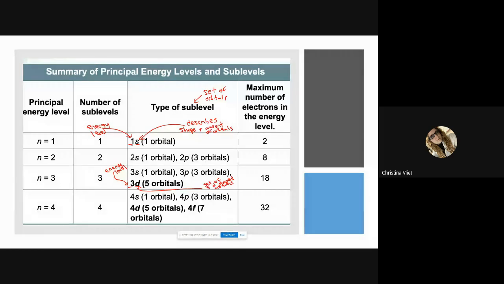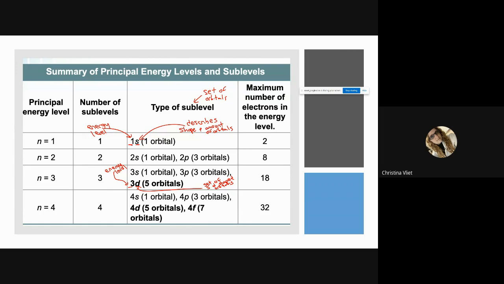Before we move on off this chart, could you predict n equals 5? So I told you that S, P, D, and F are all that we know really exists, actually. There are no elements that go past F. But mathematically, because these are all patterns, we can make predictions on what comes next.